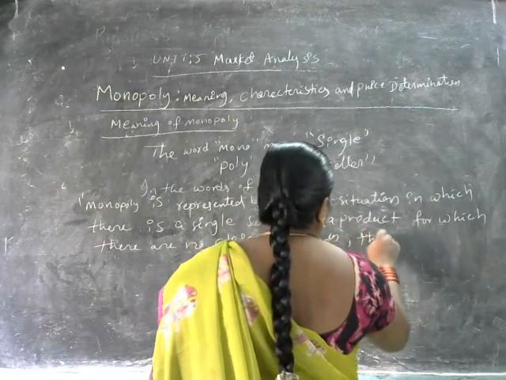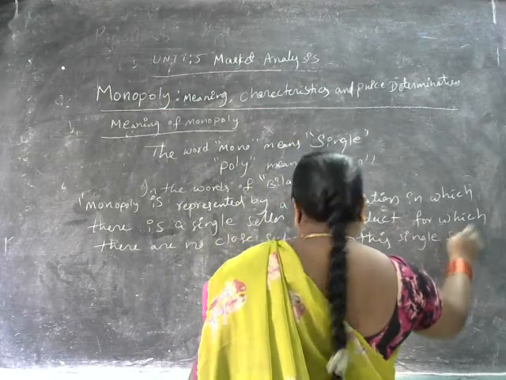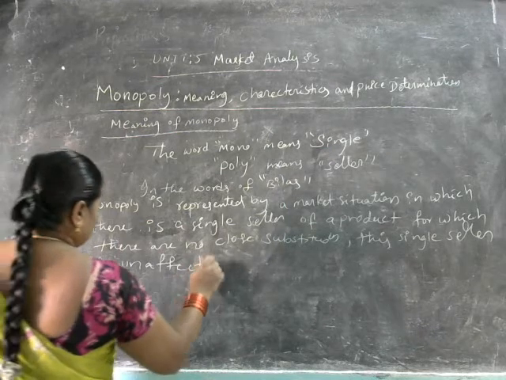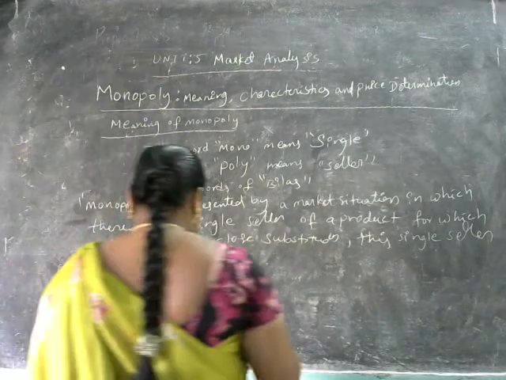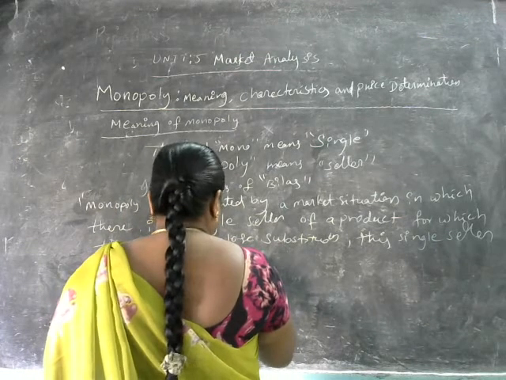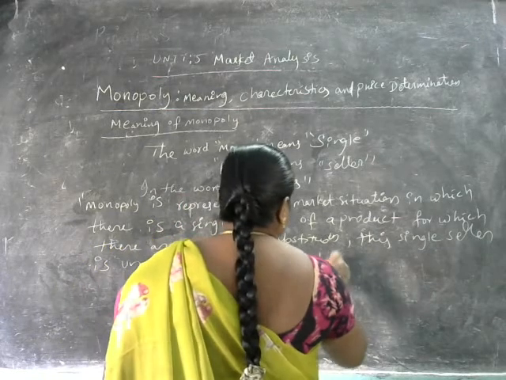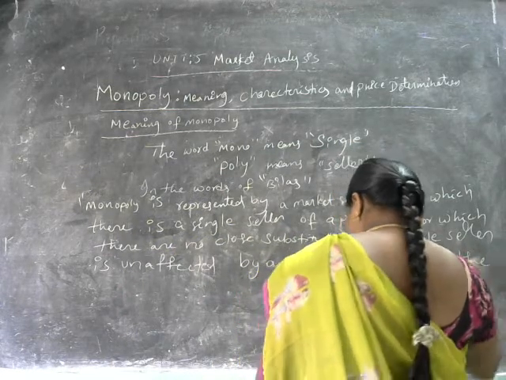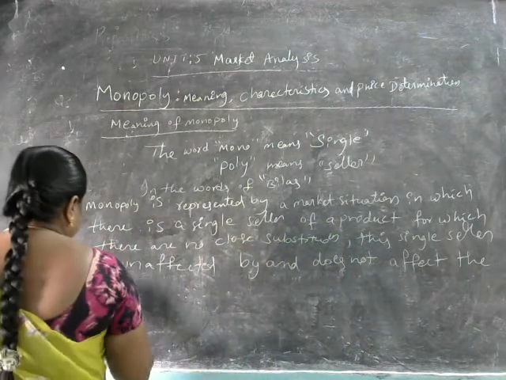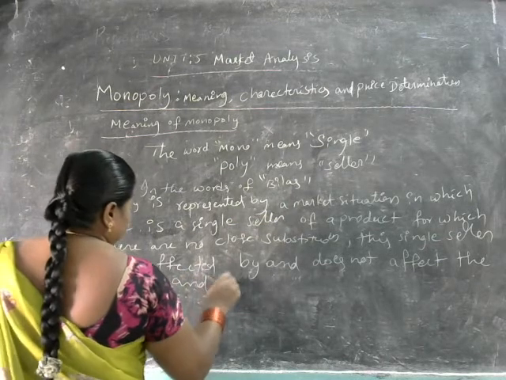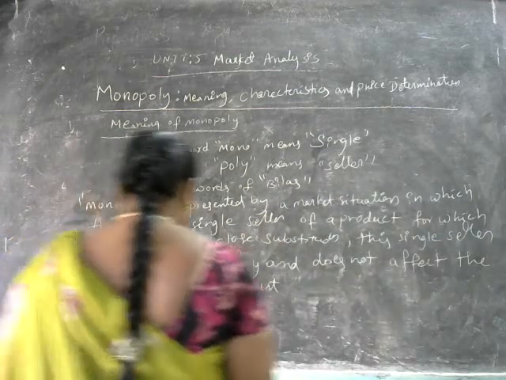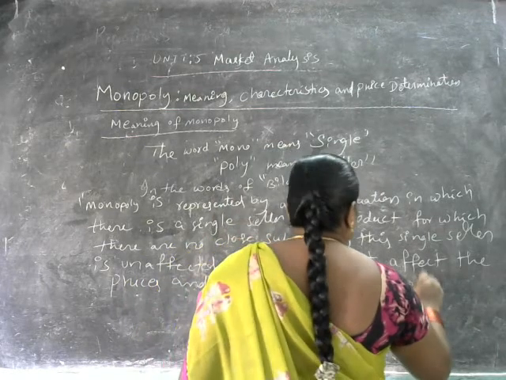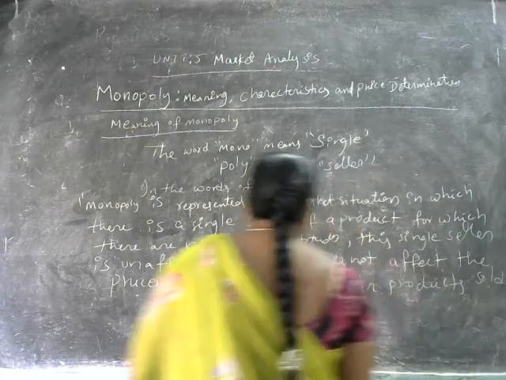This single seller is unaffected by, and does not affect, the prices and outputs of other products sold in the economy.